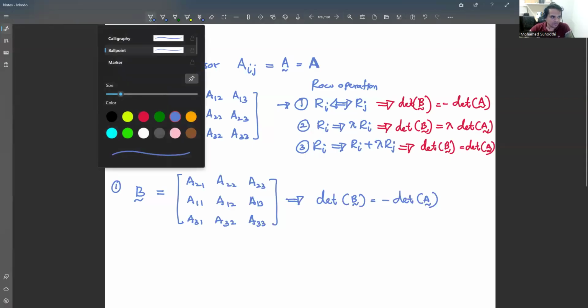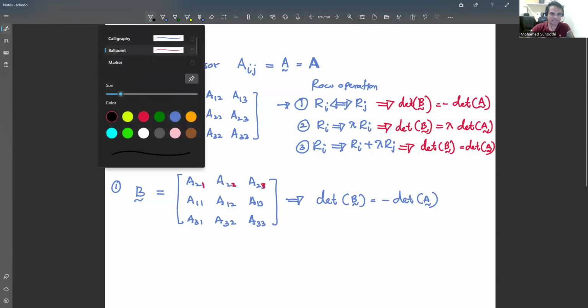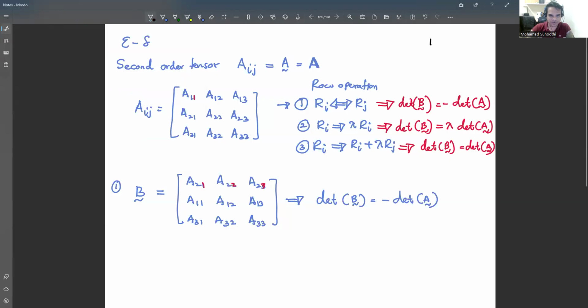So now I'm going to look at this one carefully. If I take the first row and keep the second, this one is same, 2, 3. The only thing, the first subscript, I change from 1 to 2, 1 to 2. So now you can remember this one, something we studied: the permutation symbol 1, 2, 3.